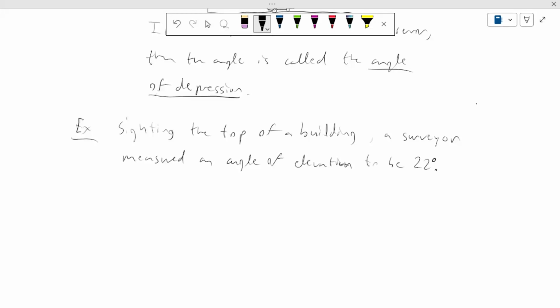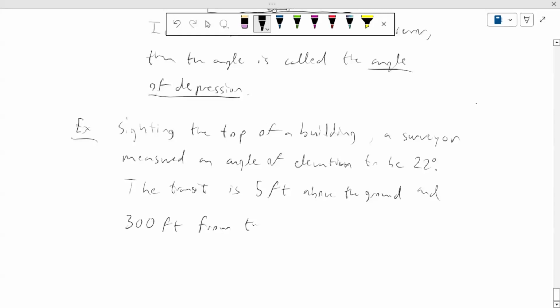Okay. The transit, which is the object that the surveyor uses to tell distances, is 5 feet above the ground. And 300 feet from the building, the base of the building.